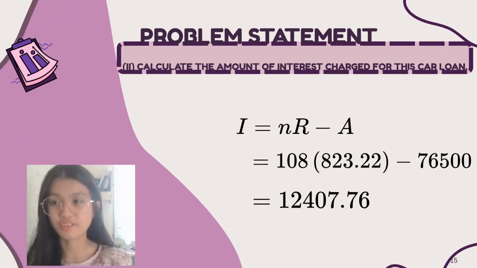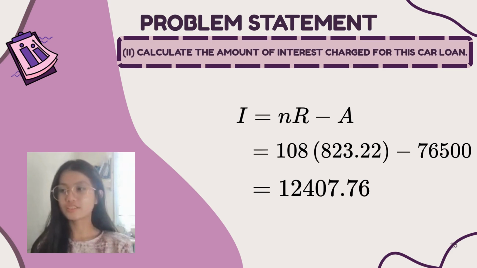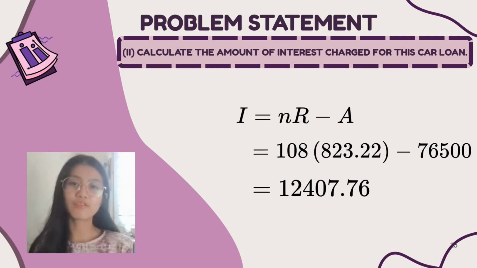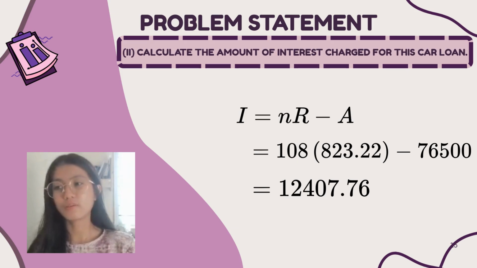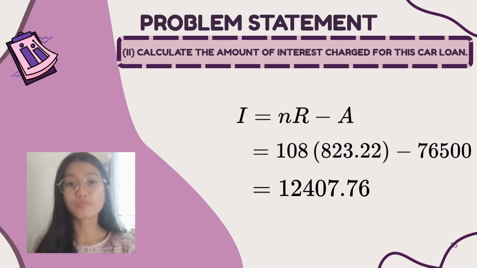Next question. Calculate the amount of interest charged for this car loan. So what's the formula for the amount of interest? Yes, that is right. I equals nR minus A. So n is equal to 108.